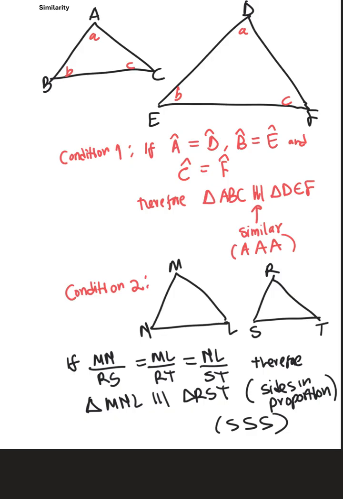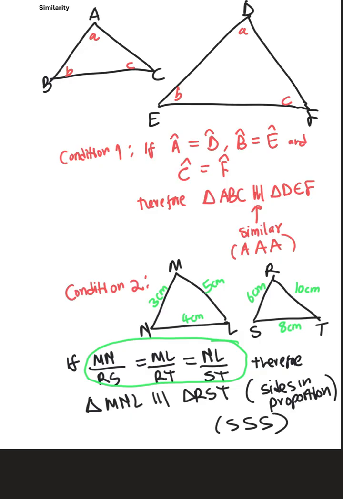So what does this mean? This means that, for example, if I have 5 centimeter, and I have 4 centimeter, and I have 3 centimeter, right? And then this side I have 10 centimeter, and I have 8 centimeter, and here I have 6 centimeter.